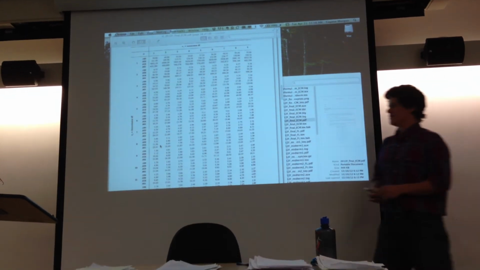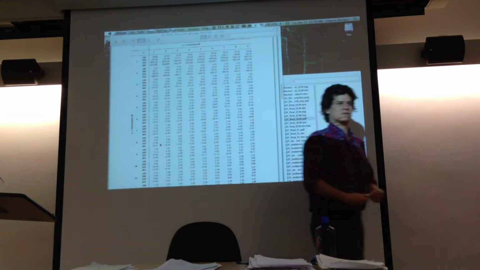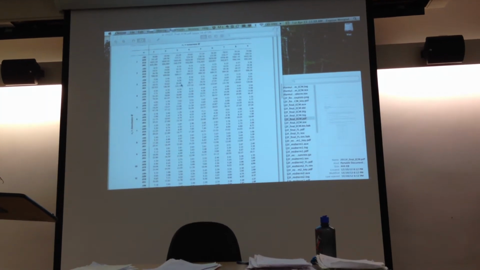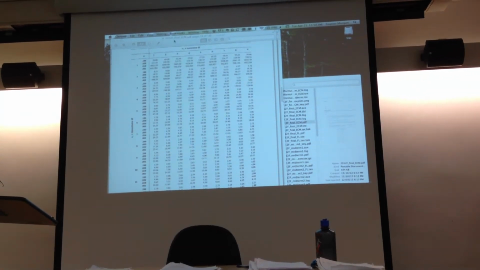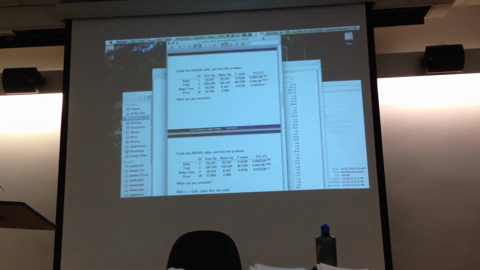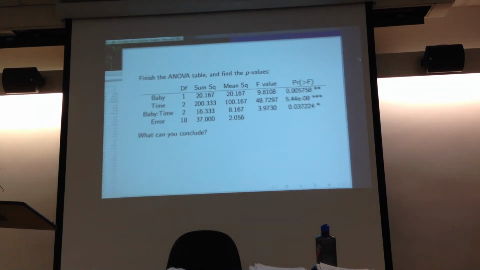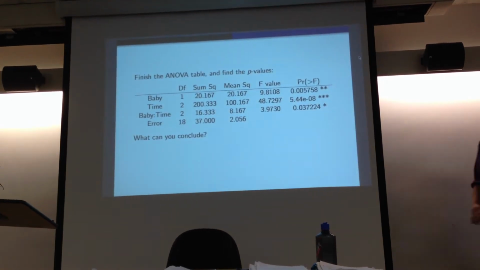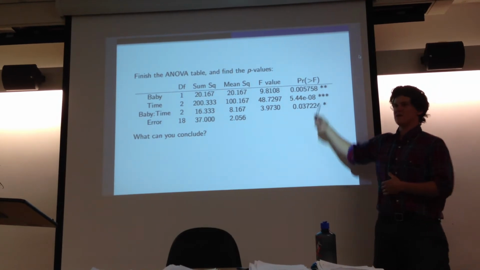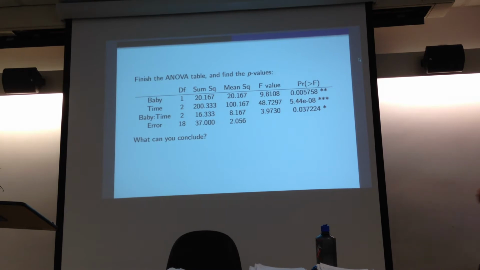But if we're looking at alpha equals 0.01, we would not be able to reject it. So let's go back to here. If we were to ask you to calculate these p-values, you could just say less than 0.05 would be sufficient. Probably not going to ask you to calculate p-values.